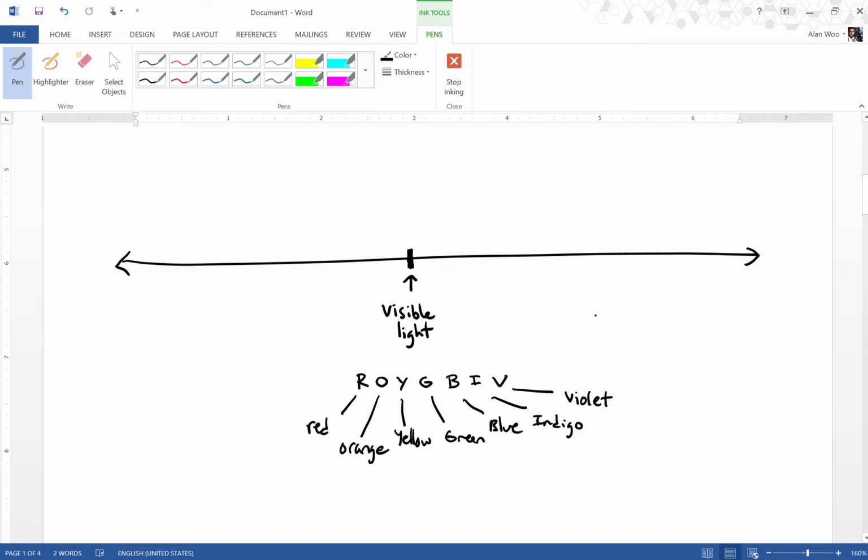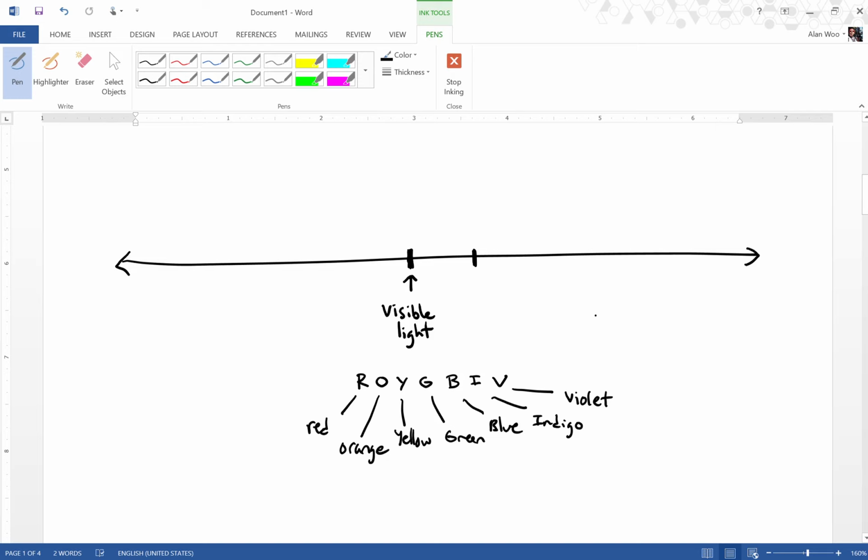If you understand that visible light is the only light that humans can see, then everything on the right of the spectrum and everything on the left of the spectrum are typically radiation that you cannot see. So let's look at what happens when we go towards the right first.